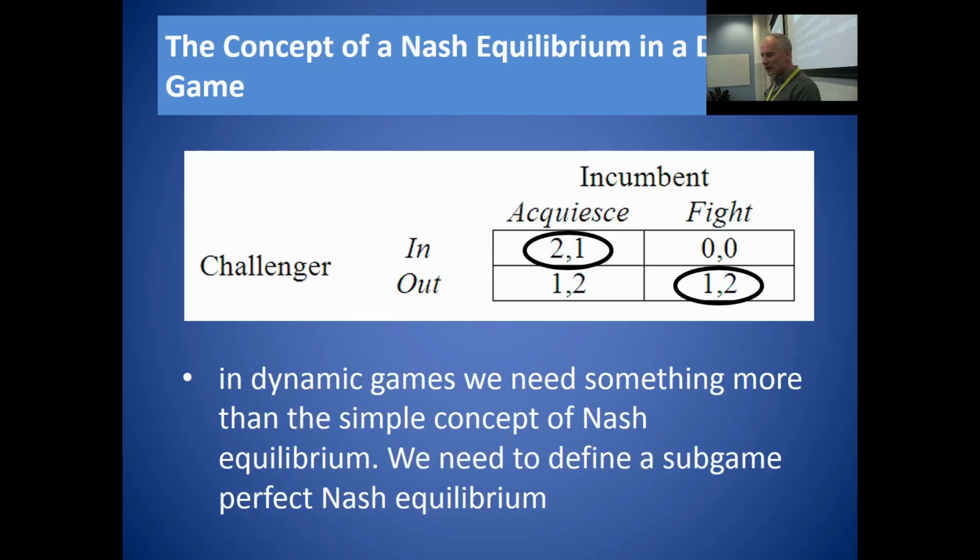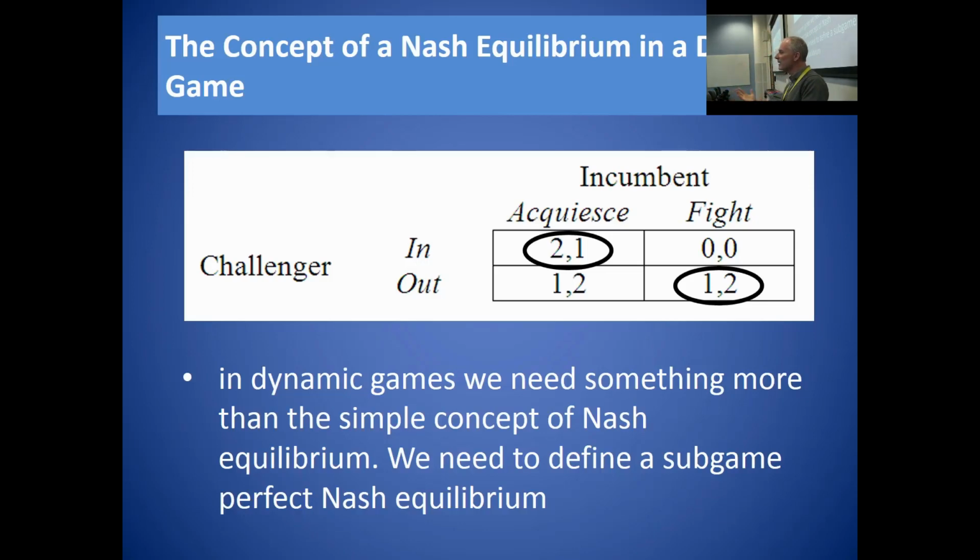Therefore, we're going to need something different, a little bit something else, that moves away from this simple idea of a Nash equilibrium that I've given you so far. And that something else is going to be the ability to identify not just a Nash equilibrium, but rather a subgame perfect Nash equilibrium.